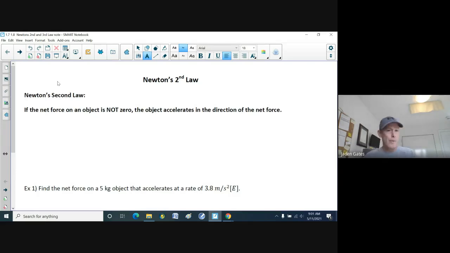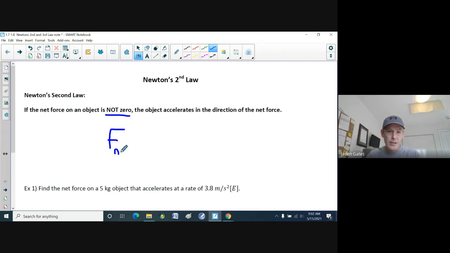All right, now, the second law is if that does not happen, where if the net force is not zero, then the object accelerates. Accelerates is a nice way of saying changes speed in the direction of the force. Now, there's actually a formula here: F net, our net force, which again is a vector, it's got direction on it, is mass times your acceleration.